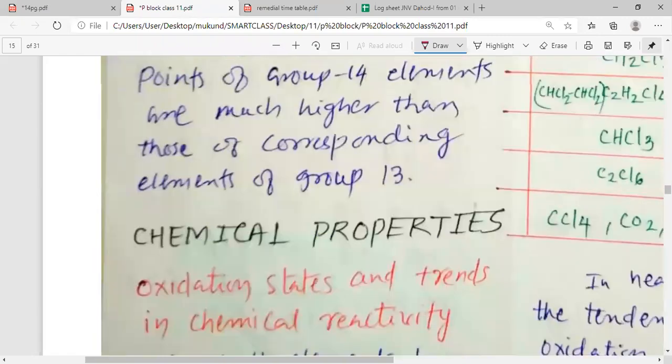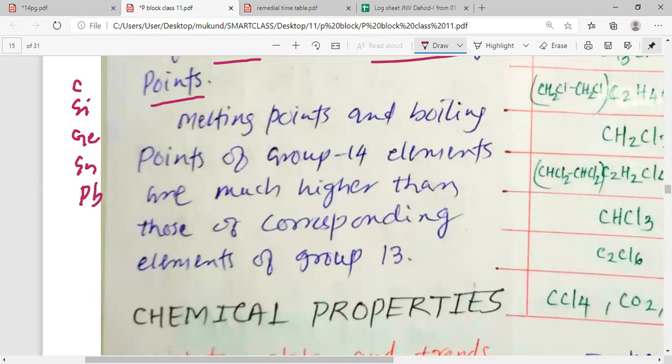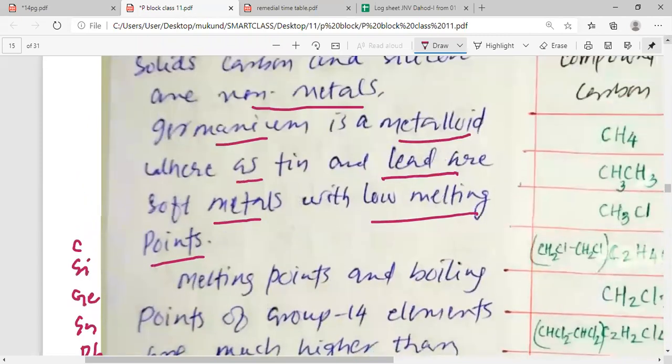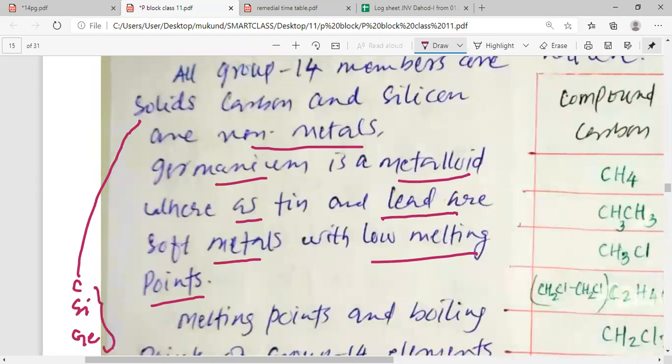Please remember, my dear students, it is important for you to note that we have carbon, silicon, germanium, tin and lead. Carbon is a solid, my dear students. Silicon and germanium are non-metals, or you can say metalloids also.